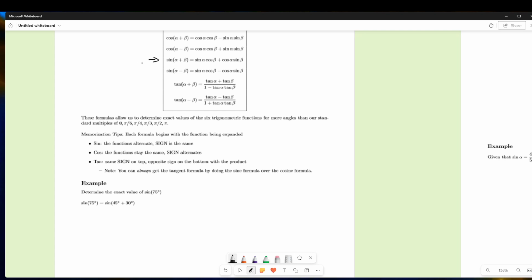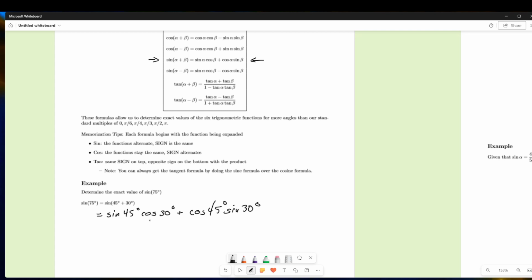So grabbing that formula, this has to equal the sine of 45 degrees times the cosine of 30 degrees plus the cosine of 45 degrees times the sine of 30 degrees, according to this relationship.